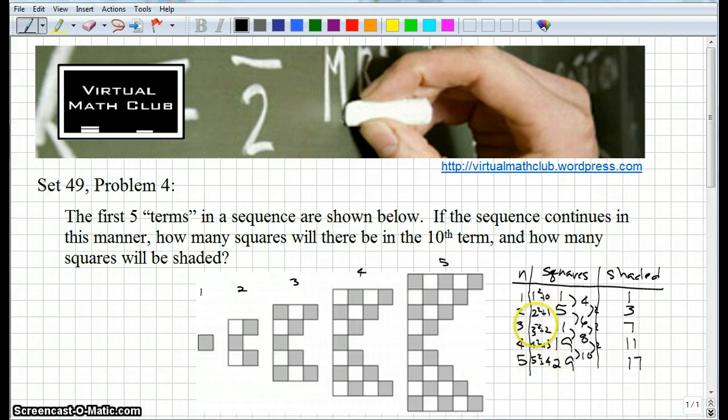Okay, so it looks like it's the square of n plus n minus 1, and actually that works. So the nth term, the number of squares, is equal to n squared plus n minus 1. Okay, and I just did that by inspection.